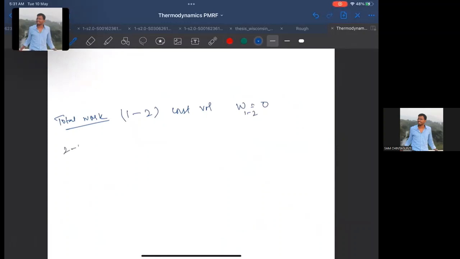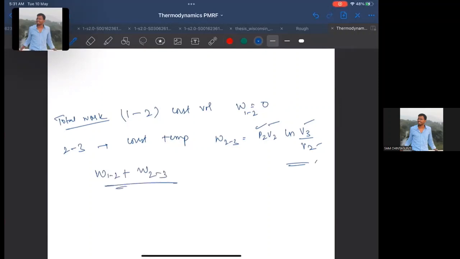For 2 to 3, constant temperature, so work 2 to 3 is equal to P2 V2 ln V3 by V2. You know P2, V2, V3 and V2. Okay, that we get. So total work will be the addition of 1 to 2 and 2 to 3. And then total heat.